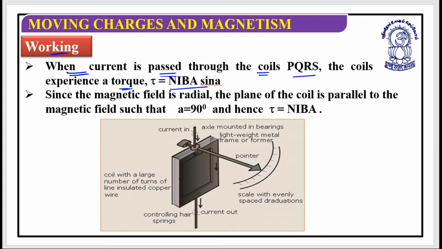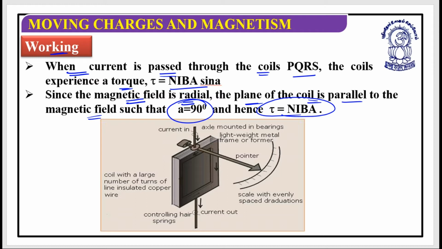Based on that, torque is acting, and when torque is acting, we arrange the magnetic field to be a radial one. We arrange a radial magnetic field, and the plane of the coil is parallel to the magnetic field, such that alpha is always 90 degrees, and this torque is the maximum, which is NIBA.